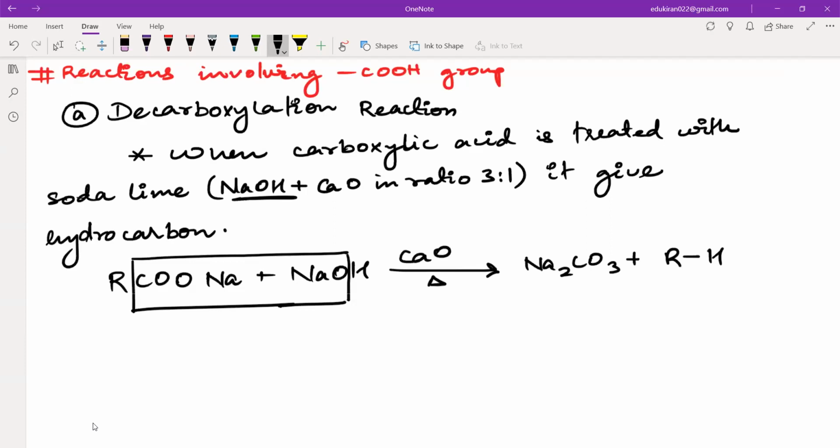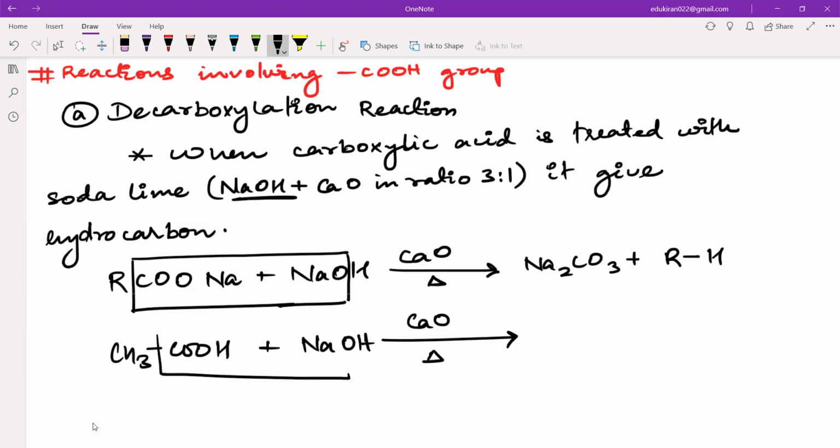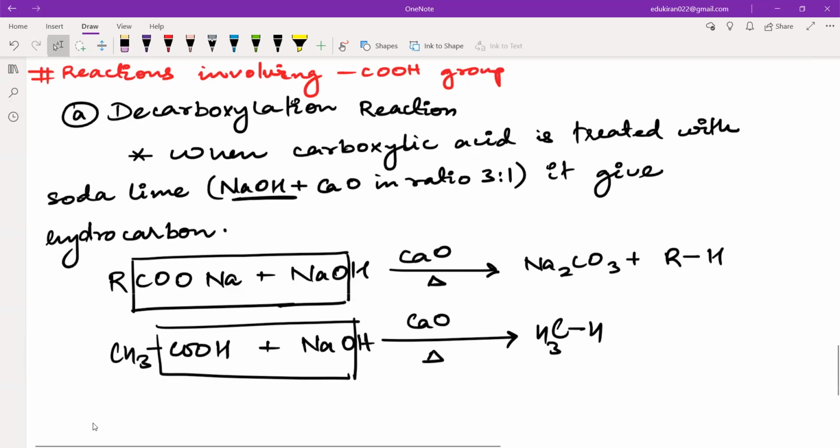So if I have CH3COOH plus NaOH in the presence of CaO and some heat, this will react and you will form CH3 with hydrogen attached to it. So you are going to form an alkane, a simple hydrocarbon with one carbon less than the original carboxylic acid.